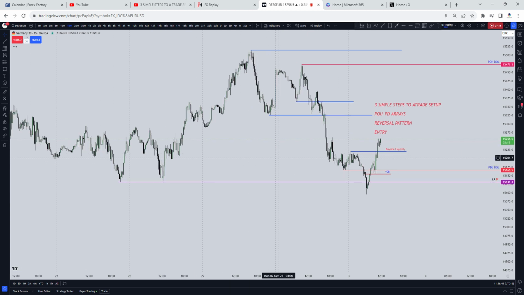Market structure is showing me that this liquidity is not ready to be taken. So therefore I have to look for the sell side liquidity, because structure is showing me that this buy side won't be taken anytime soon.